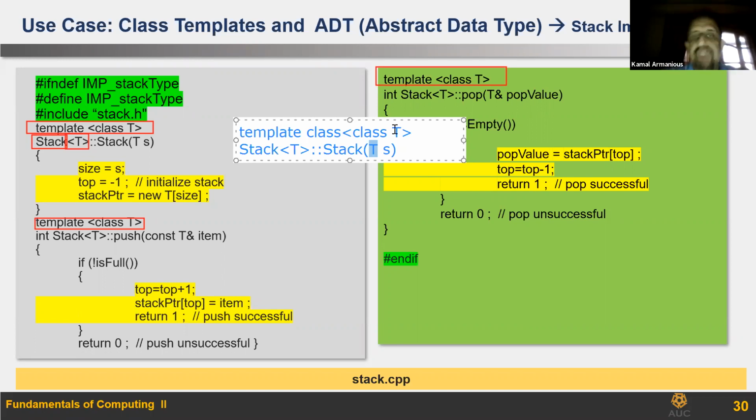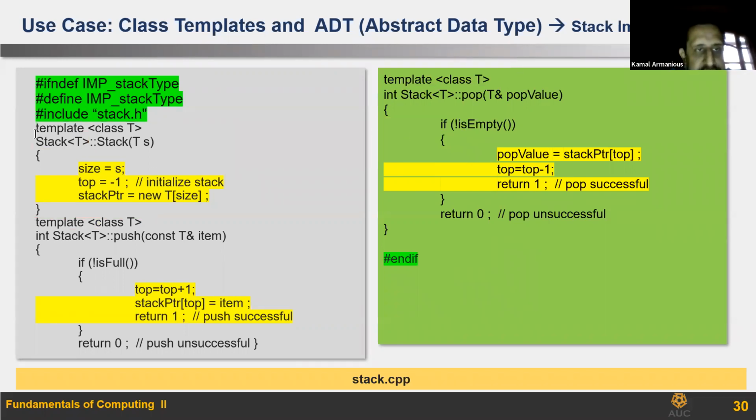Okay? So we have the constructor, and this is the push function. I will not go into the details of the implementation, and it's not required from you to know how to write a class for the stack. However, it is required from you to know how the stack works.